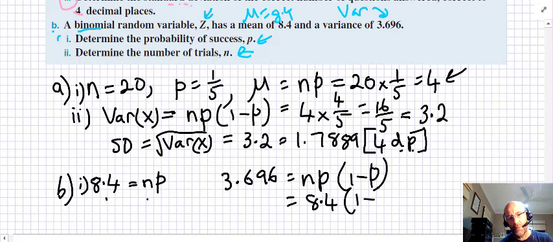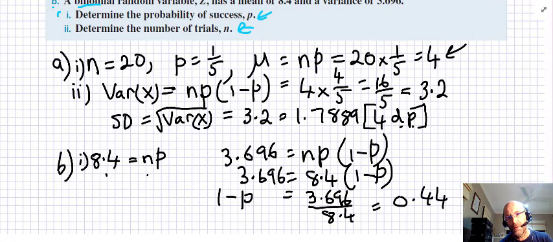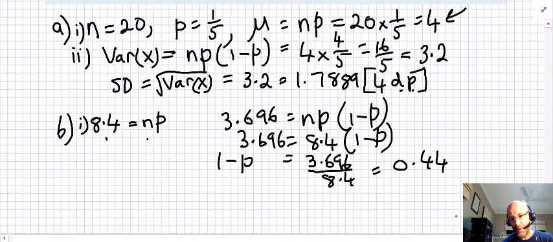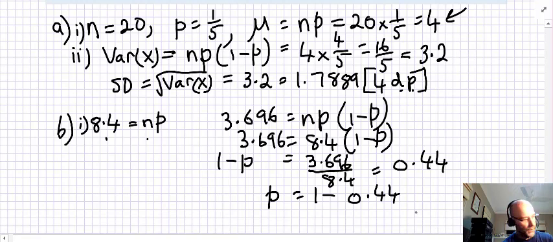So 8.4 times 1 minus p is 3.696. We rearrange that and we get 1 minus p is 0.44. Rearranging again, 1 take 0.44 will give us the p we want, and that's 0.56. So that first part is done.